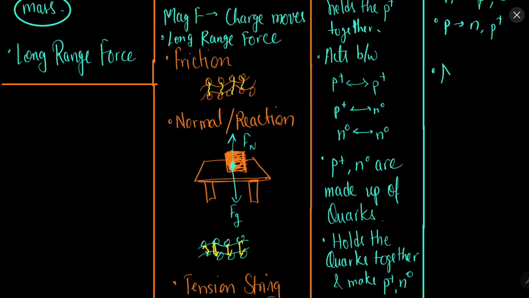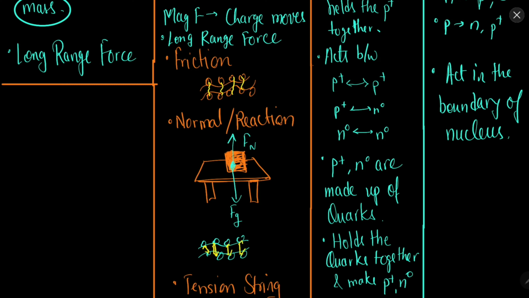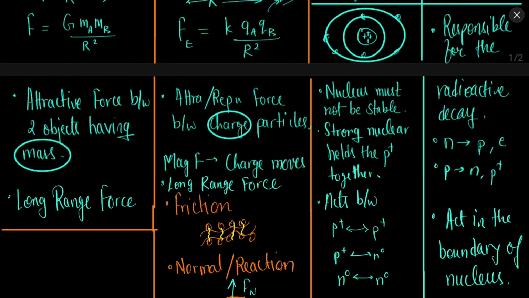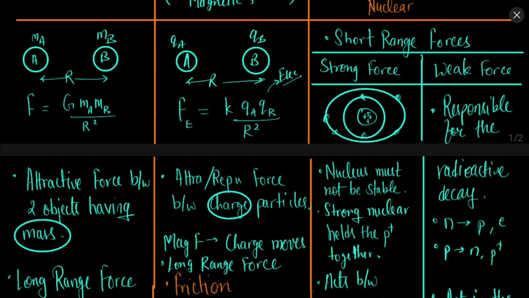They only act within the boundary of the nucleus, which is a very small region. They do not have much influence outside the nucleus, and because of that we do not usually see these forces in day to day life.